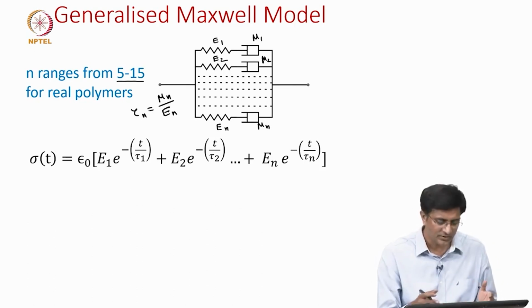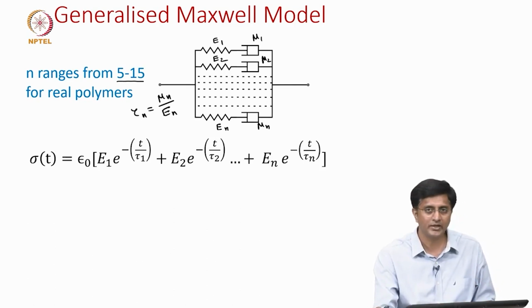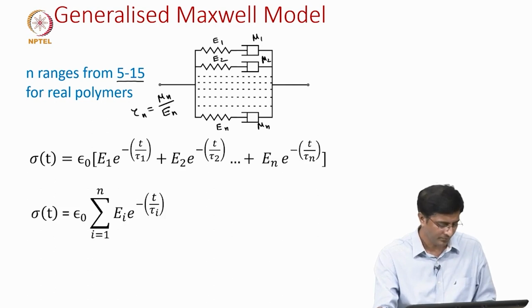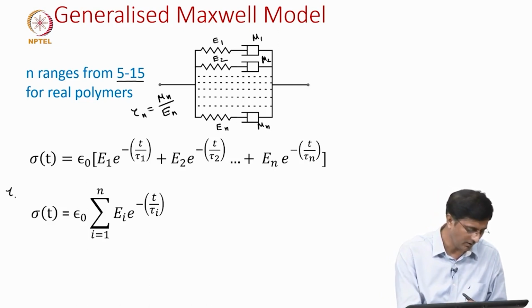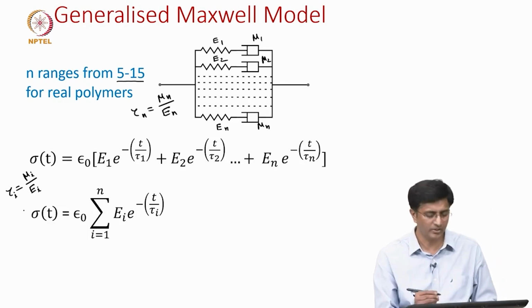Noticing this, it is easy to write it in a summation form, using the variable i going from 1 to n, and these terms can simply be written as Ei times e power minus t by tau i. Again, tau i here is mu i by Ei, viscosity by modulus.